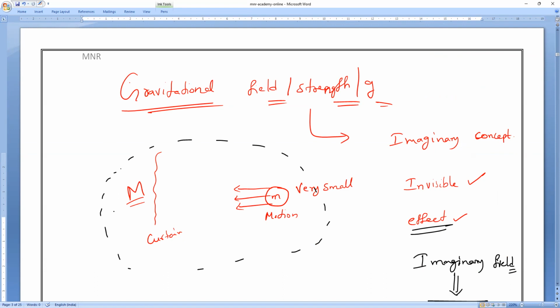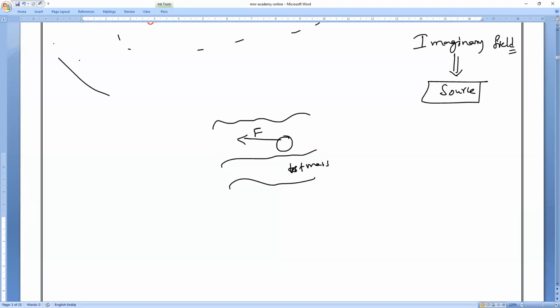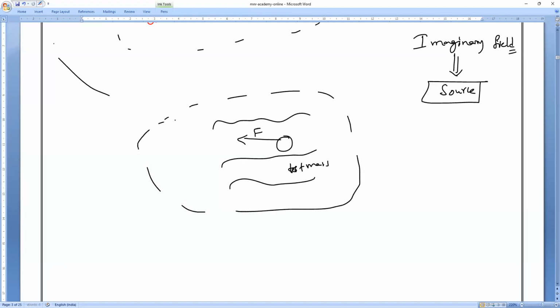Now let us take any point mass or test mass, as we used to call it. We are observing it. If it starts moving towards some invisible force, that is force F. Then what is the strength? The strength of attraction, how much strength is influenced, that is the gravitational field, how much strength it is attracting.